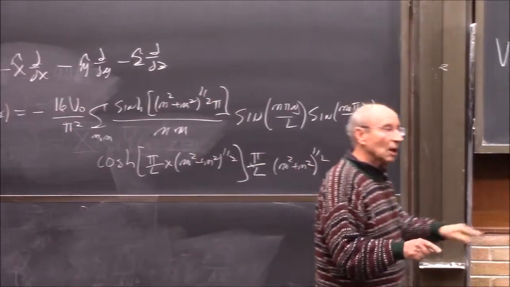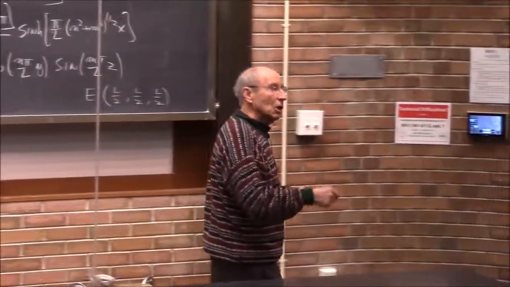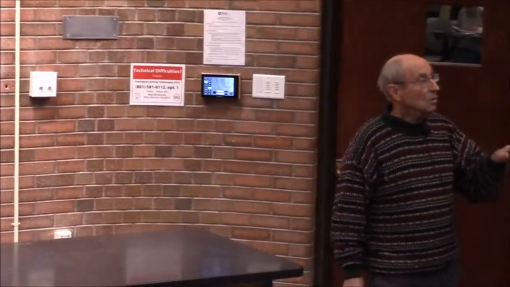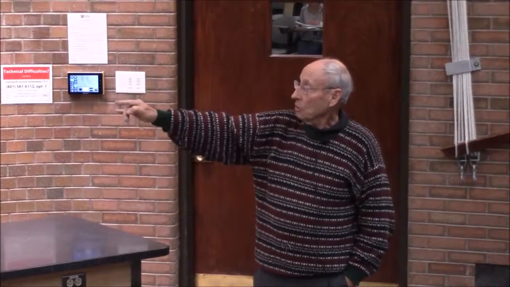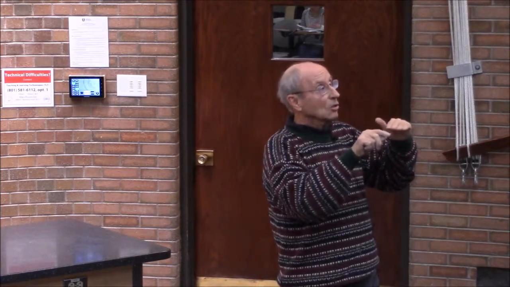And so as you go up to larger and larger n's and m's, the contributions get smaller and smaller. And so you expect this sum to converge. Okay? So in practice, what you have to do is simply evaluate this thing until adding additional terms doesn't change the result by more than the accuracy you're trying to get.